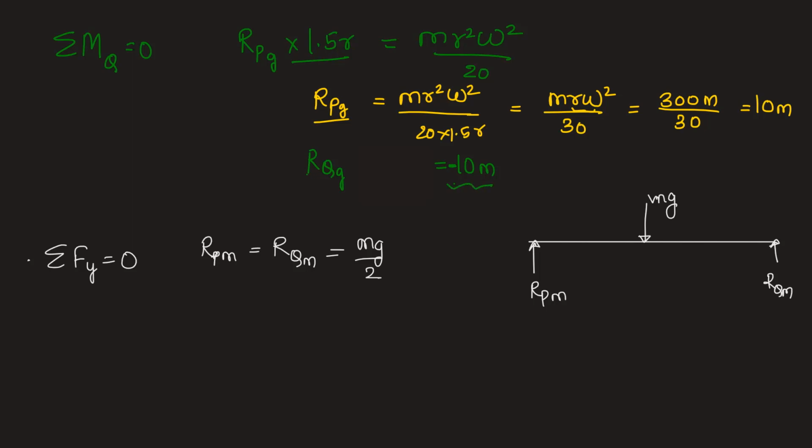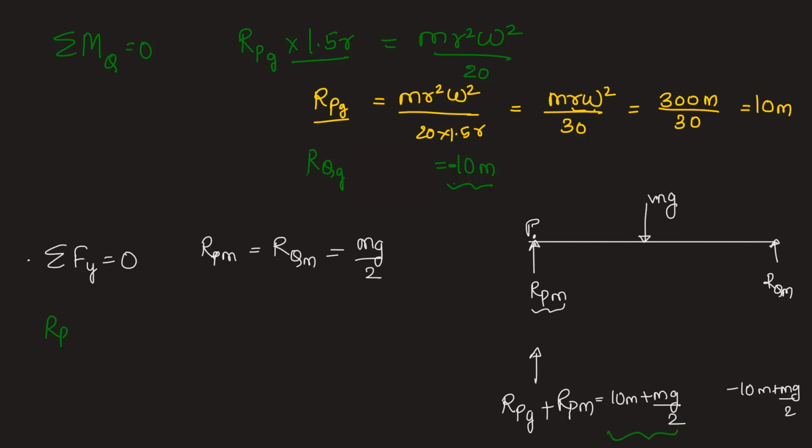We are being asked to find out the ratio of larger reaction to the smaller reaction. Now Rpm and Rpg both are in upward direction. So total reaction at point P will be Rpg plus Rpm. Added together we have 10m plus m into g by 2. Similarly for Rq we will have minus 10m plus mg by 2. So definitely the greater one is Rp.